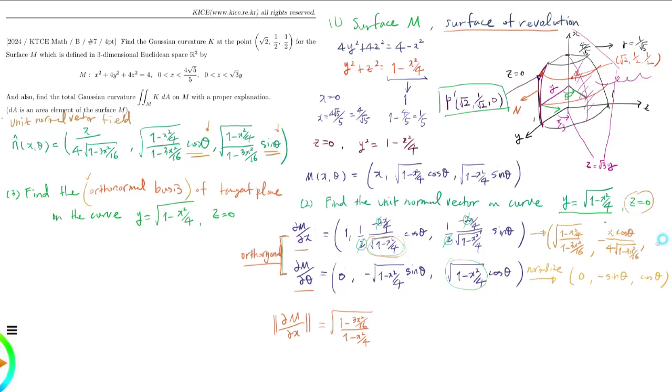We multiply by cosine here, and by the symmetry we'll have x sine of theta over 4 times the square root of 1 minus 3x squared over 16 here.